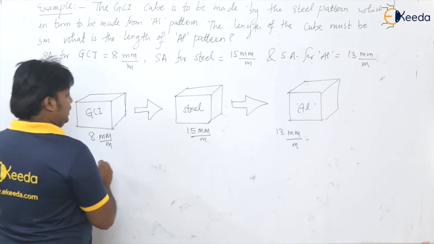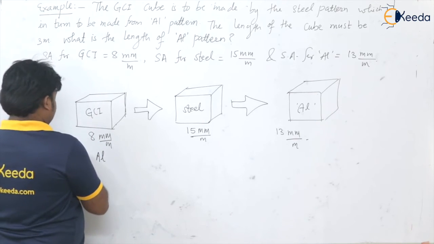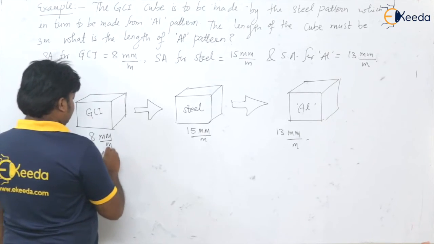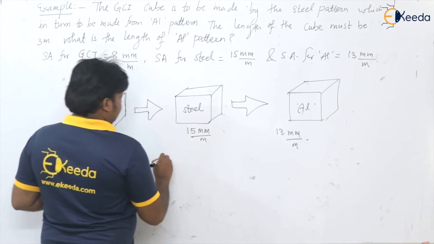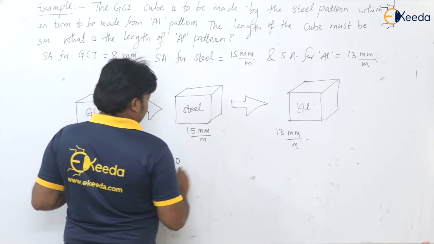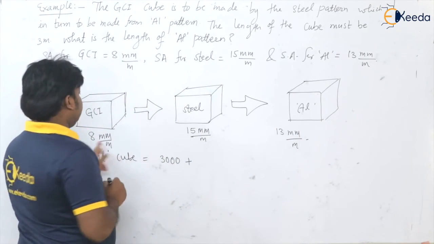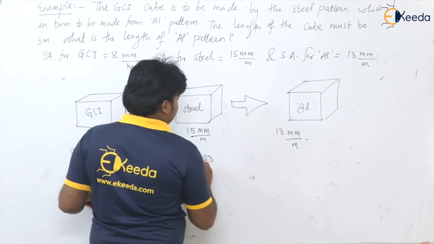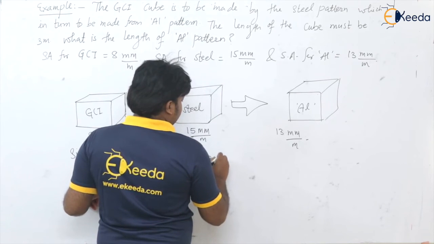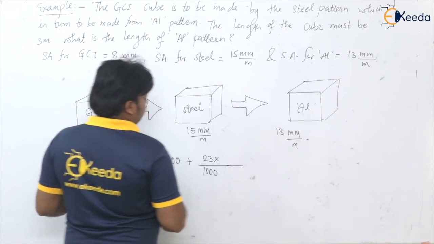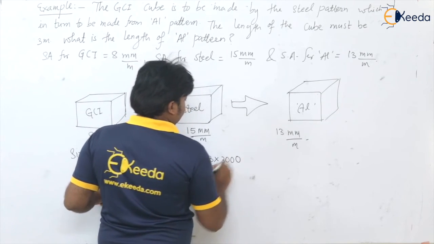So the length of the aluminum cube will be equal to 3 meter, that is 3000 millimeter, plus 15 plus 8, that is 23 mm per meter, that is 23 divided by 1000 times 3000.